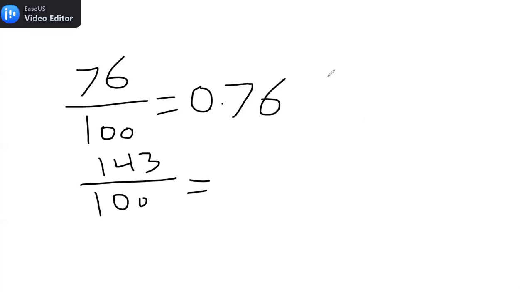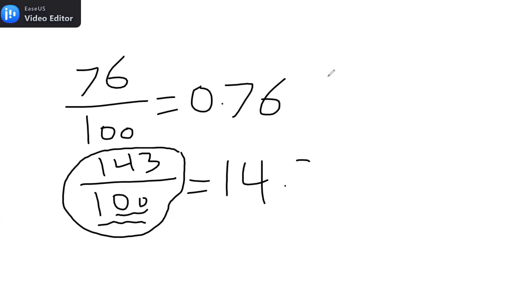Another one. 14.3. Are you sure, Yusuf? Are you sure that this fraction we can write in the decimal form as 14.3?